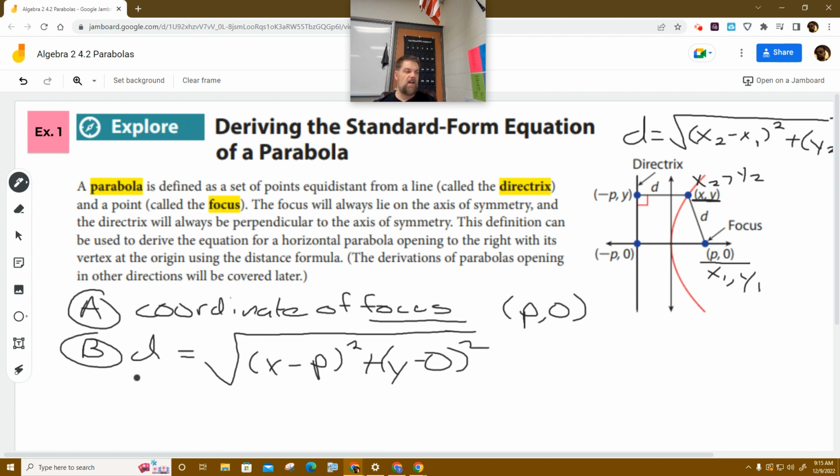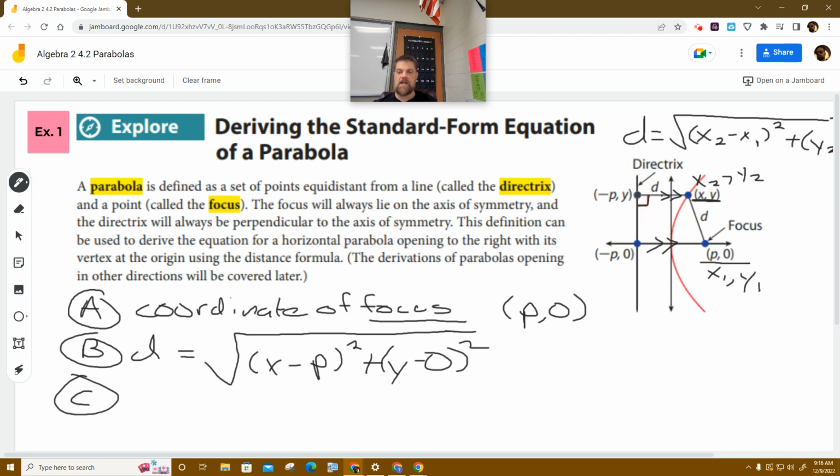Okay, then for step C, we need to identify the distance from the point by drawing a perpendicular line segment. So this line right here that we're about to draw, this line is parallel to the line of symmetry, but it is perpendicular to the directrix.